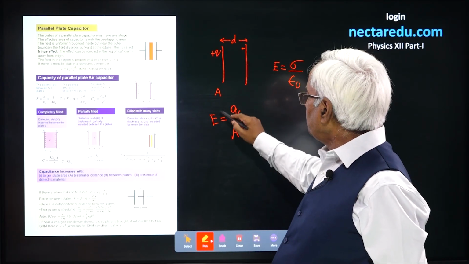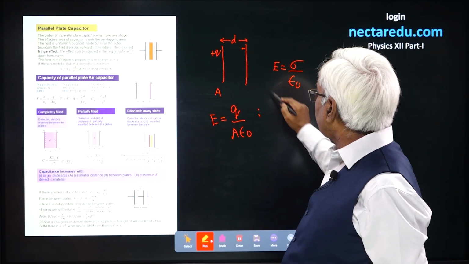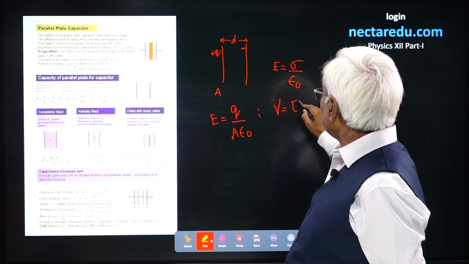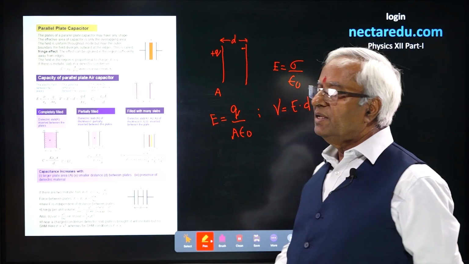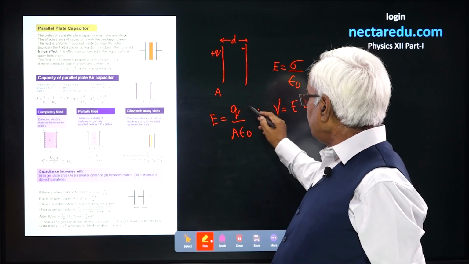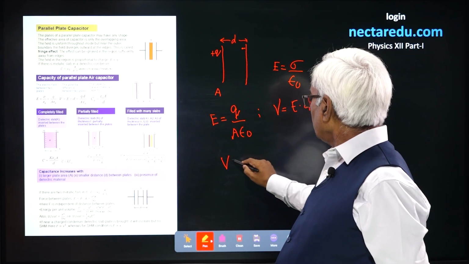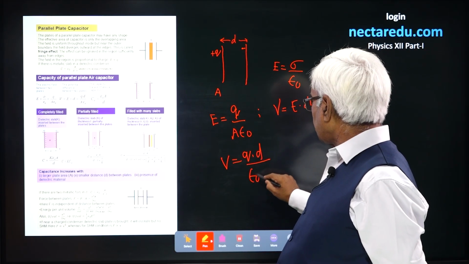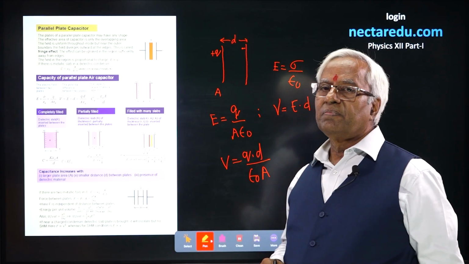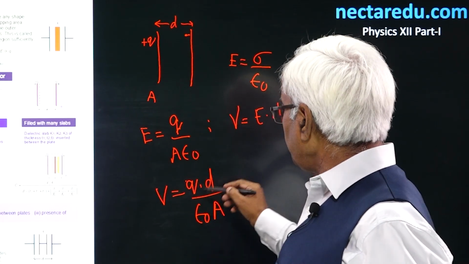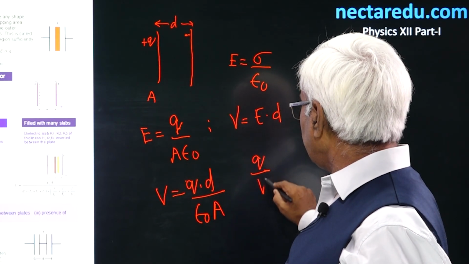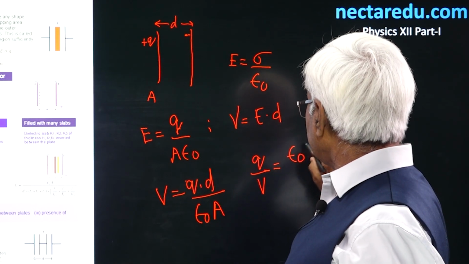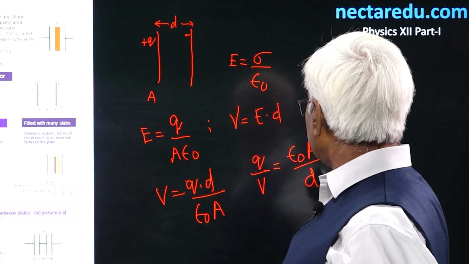And if you want to find the potential difference here, it will be the product of E and d. E and d, it becomes Qd upon epsilon naught A. Q upon V is going to be the capacity, and you get the result epsilon naught A upon d.